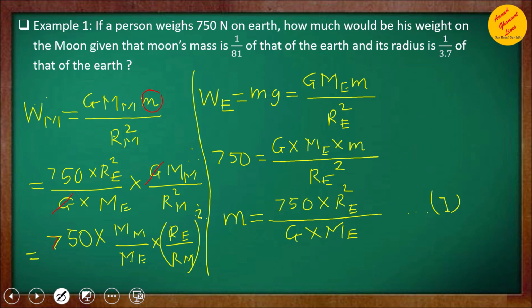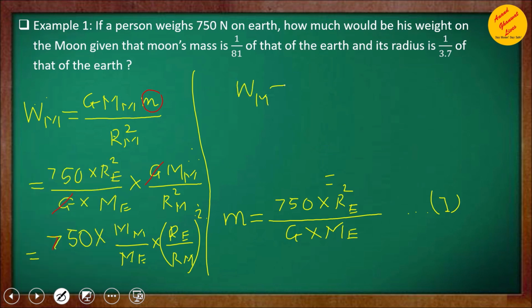Now put the value of these ratios. Weight of the person on the moon is equal to 750 into, now the ratio of mass of the moon to the mass of the Earth is 1 upon 81, into the ratio of the radius of the Earth upon radius of the moon. It is the reciprocal of the ratio of radius of moon upon radius of the Earth. Therefore it is equal to 3.7 and its square.